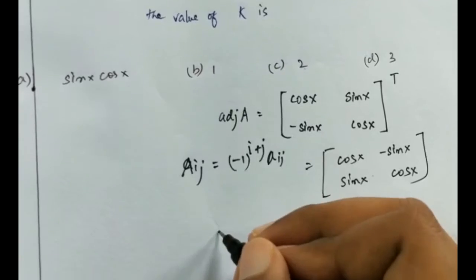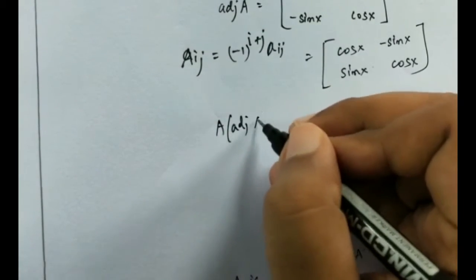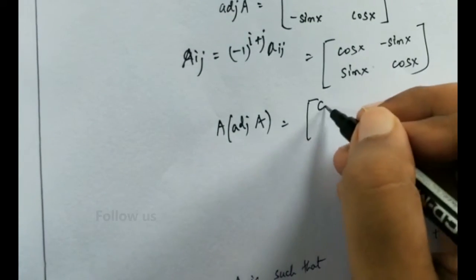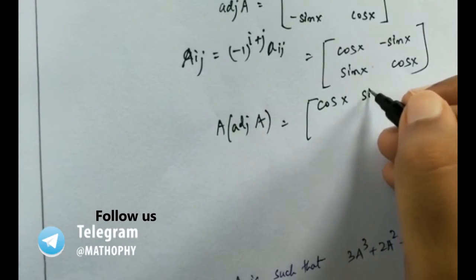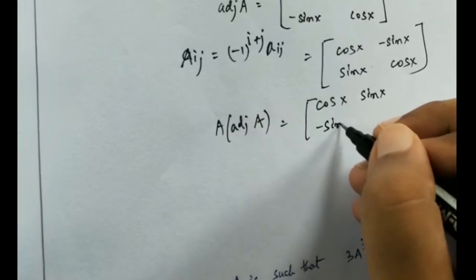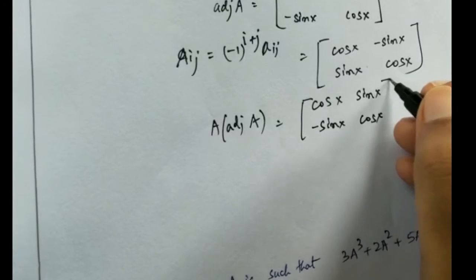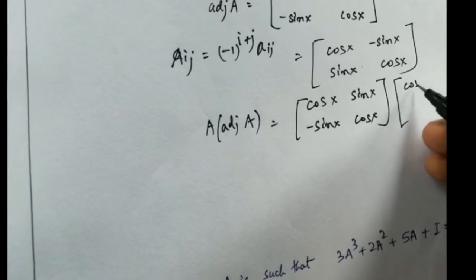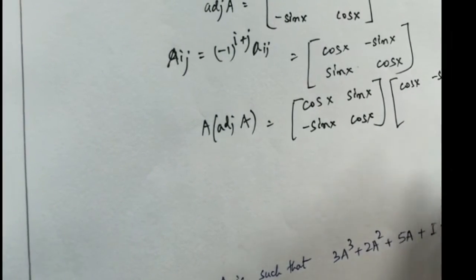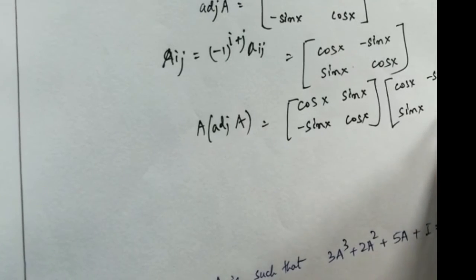So now you have to find A times adjoint of A. That is equal to cos x, sin x, minus sin x, cos x times the adjoint, that is cos x, minus sin x, sin x, cos x.